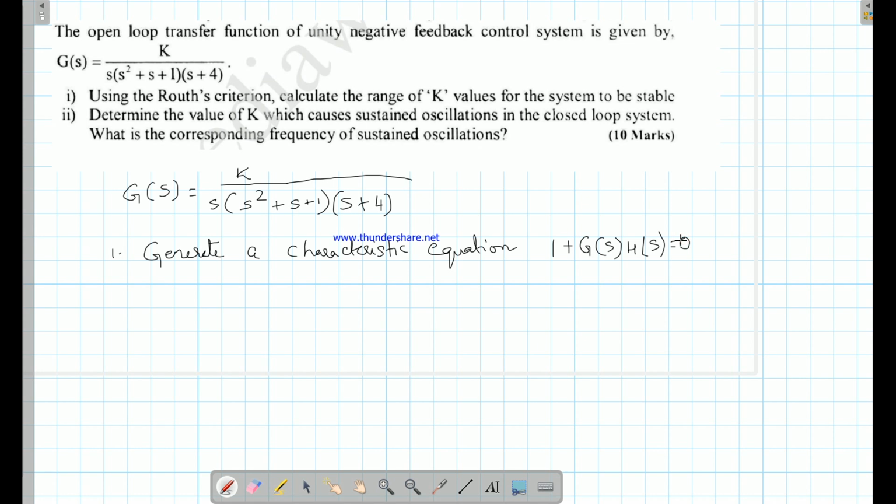Okay, so this equation we need to generate. This is the first step which we need to do in RH criteria.